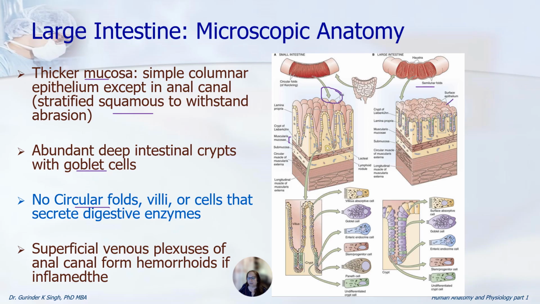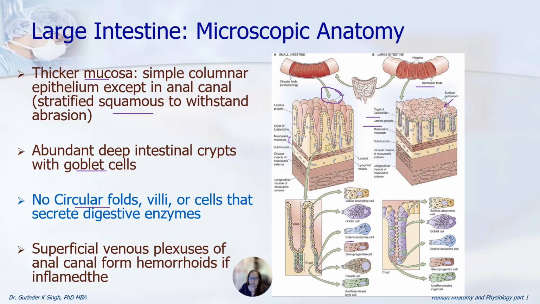Here we do not have them. But we do have some crypts present. The small intestine also has crypts in the lamina propria, and the number of different types of cells varies between the small and the large intestine. We have absorptive cells in both the small and large intestine, and so does the goblet cell. Enteroendocrine cells are there too, and we also have stem or progenitor cells.